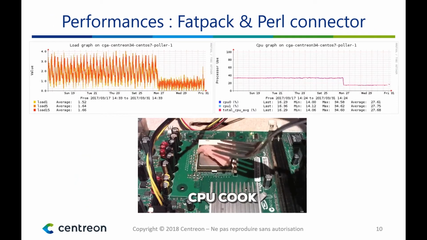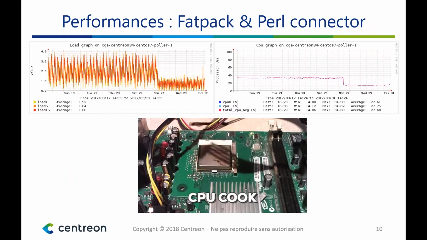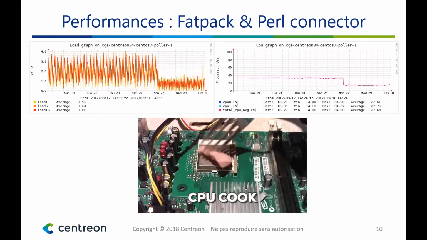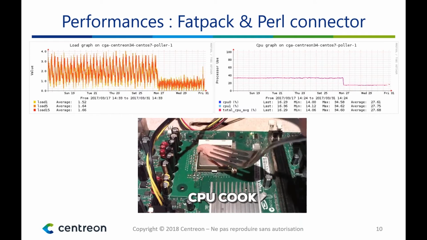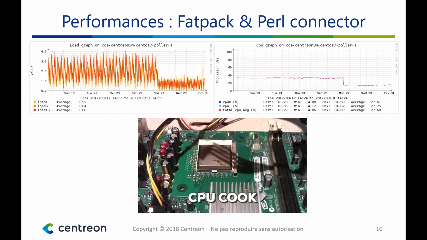Another point about performances is that you can fatpack all of our plugins. That saves you a lot of time of finding and installing dependencies again and again. You're using only what is needed for your code to execute, and that is a good point for your monitoring server resources. So for Centreon open source users, it's all in the box and repositories within the Centreon plugins packages.